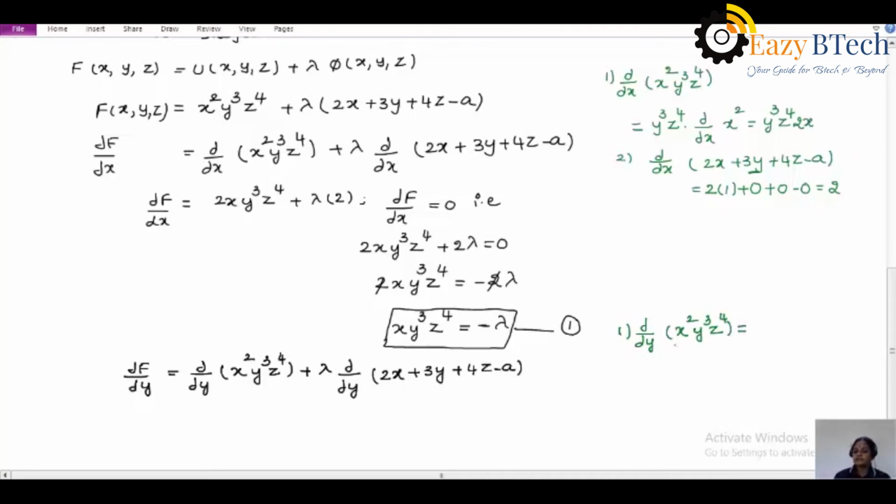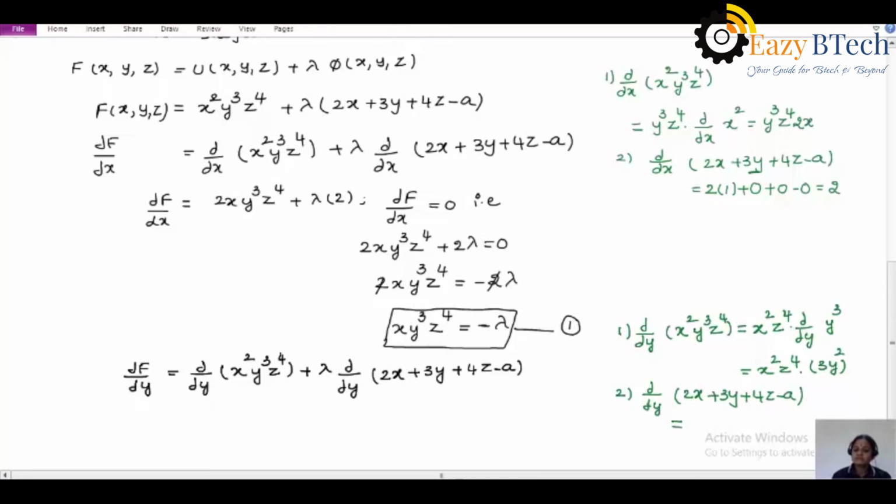So here we are doing partial differentiating with respect to y, then x square z power 4 common and ∂/∂y of y cubed. Then x square z power 4 and y cube differentiation, partial differentiating is 3y square.